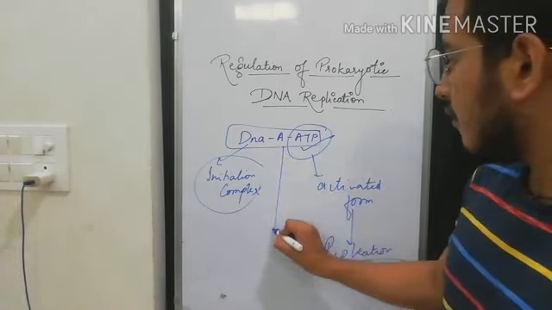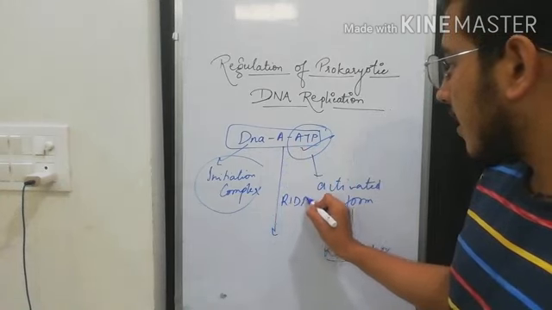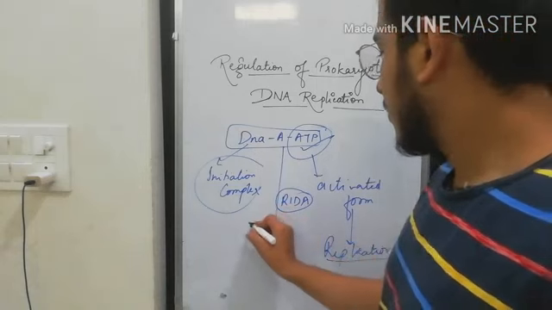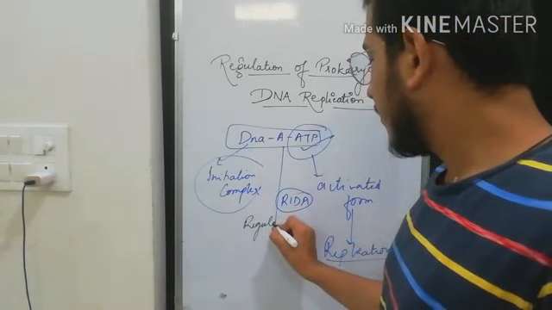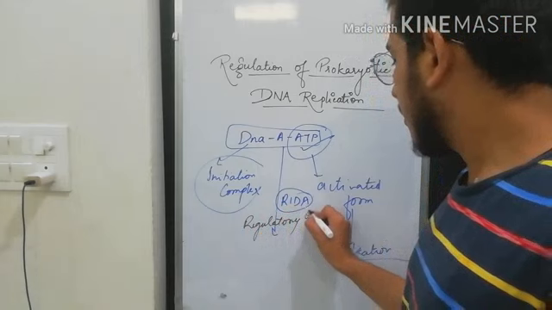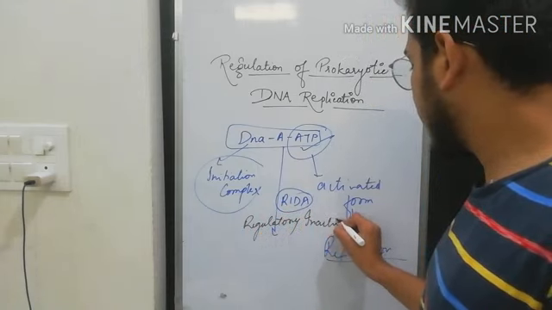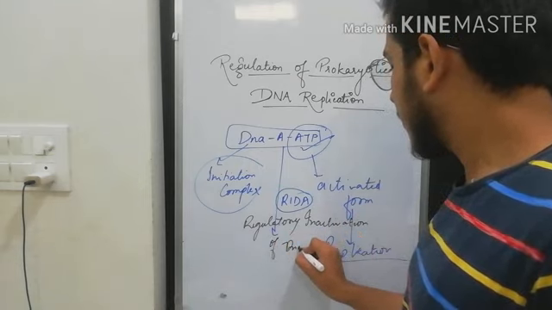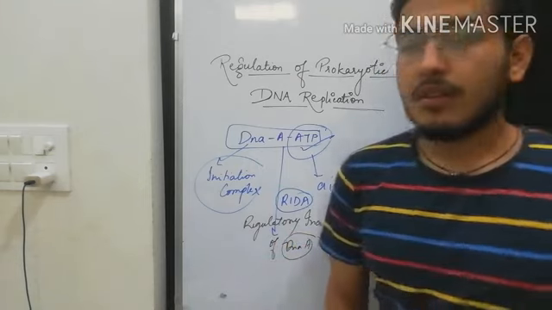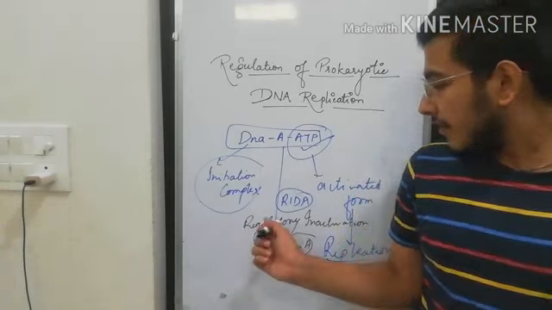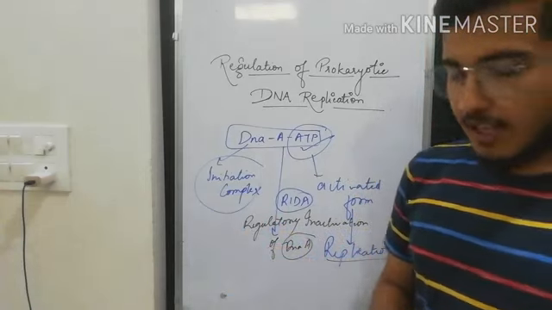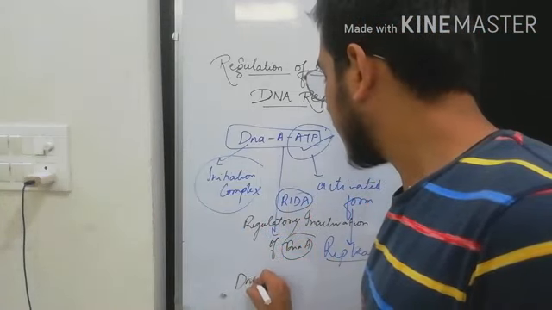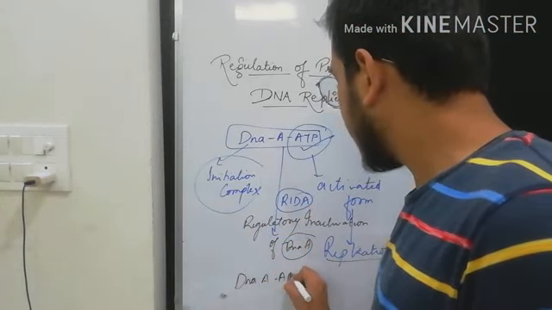But in the presence of the enzyme RIDA, that is regulatory inactivation of DnaA, this complex inactivates and becomes DnaA-ADP.